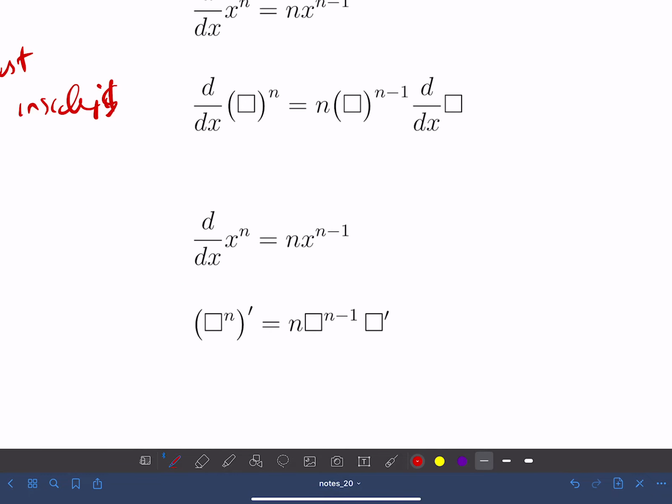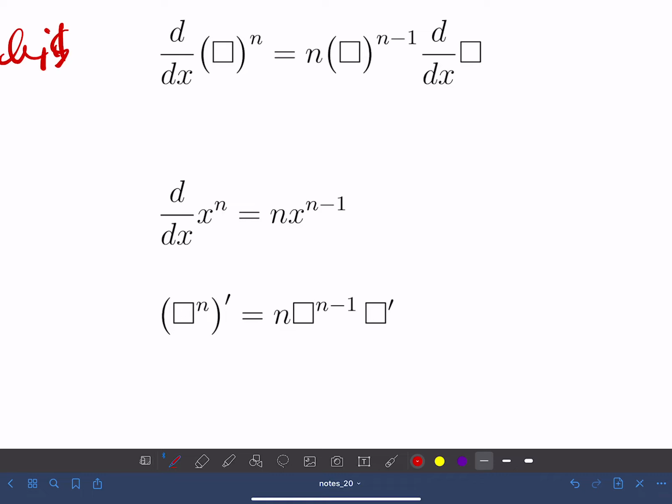So in terms of the power rule, I would have something to the nth power, and when I take the derivative of that expression, my n comes down front, and I reduce that power by 1. The thing on the inside stays the same. I still have a square, and then I have to chain out the derivative of the inside. So when I say chain it out, I mean take whatever was on the inside and then take the derivative and multiply it on the outside.